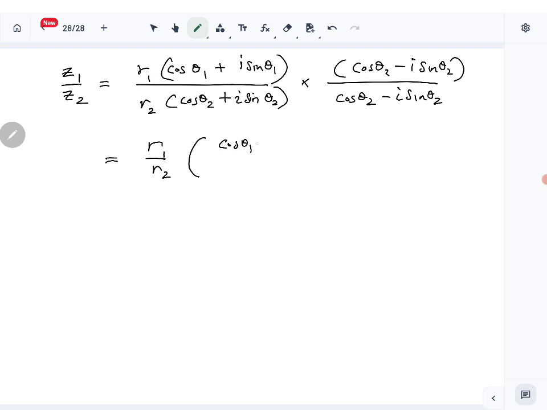Cos theta 1 cos theta 2. I becomes I square, so minus I square sin theta 1 sin theta 2 will give you what? This one into this term gives you minus I square, which is plus 1, sin theta 1 sin theta 2.